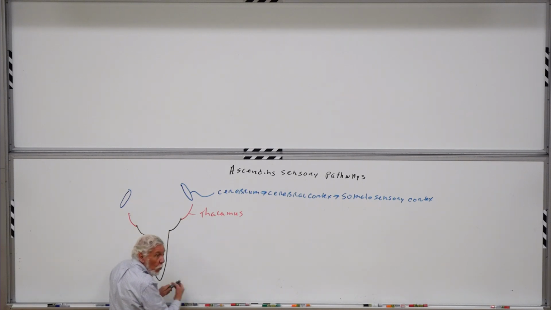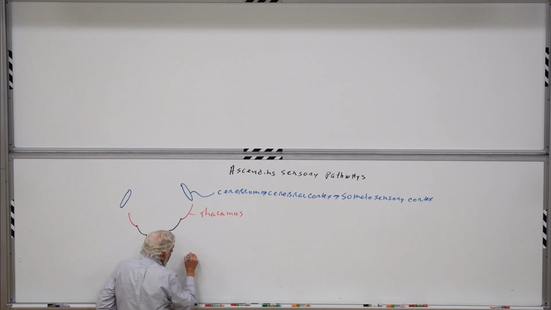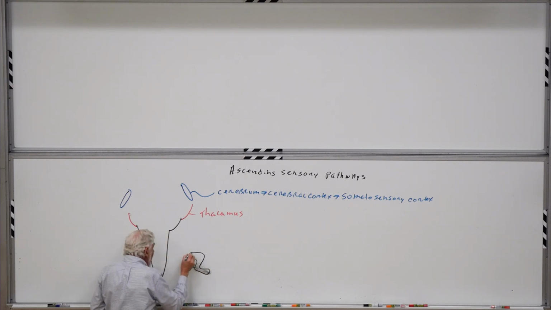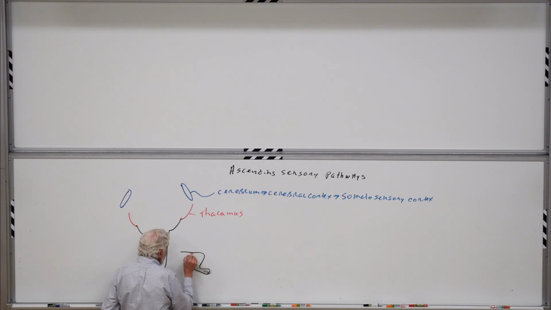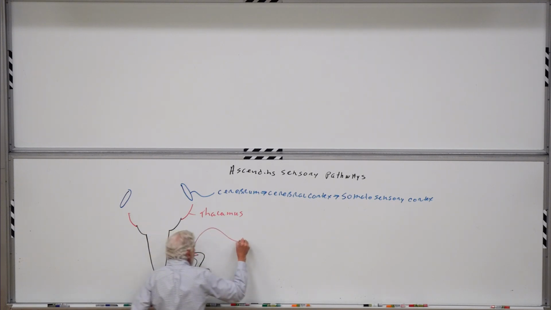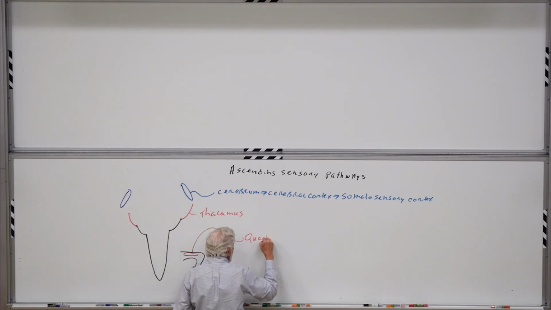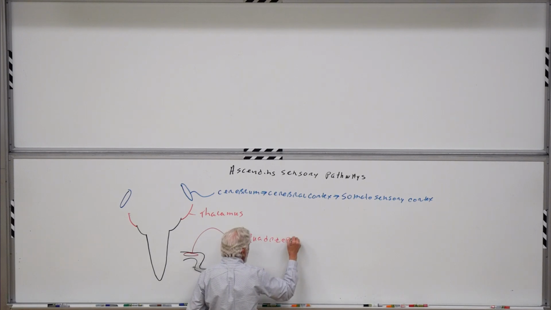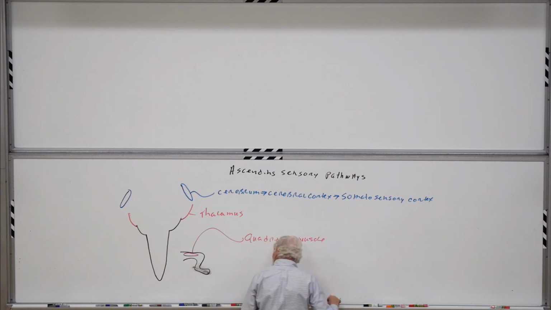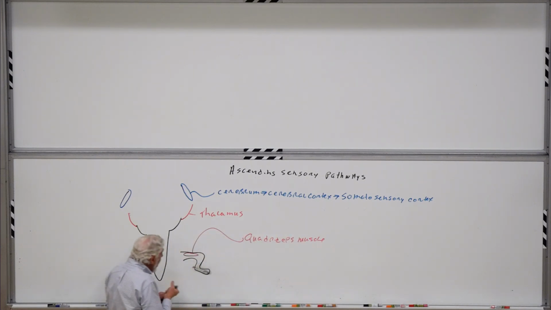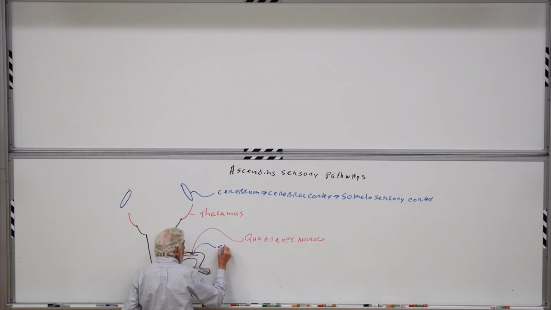Where we began was the crude leg. It's a terrible ankle. And we started with the quadriceps muscle. The initiation of that discussion was to talk about the stretch-activated neurons.